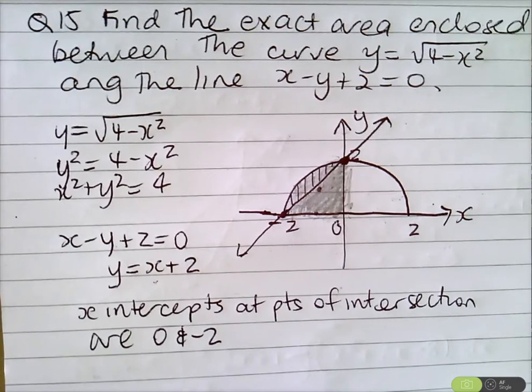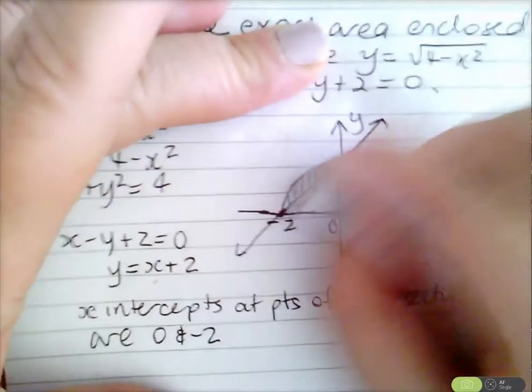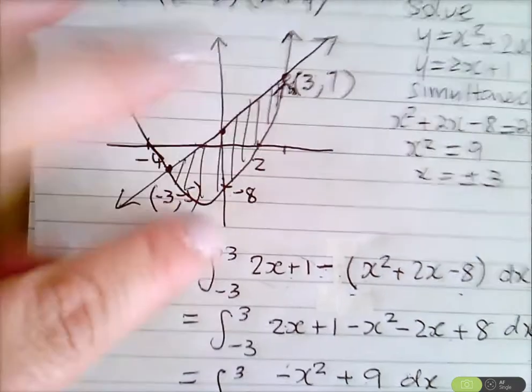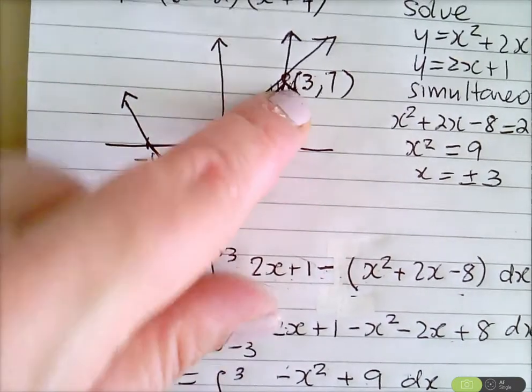Now, in example 13, top curve minus bottom curve was not all sitting above the x-axis. It doesn't matter. Part of it can be beneath the x-axis, it doesn't matter. If you look at the example before, you might say, but some of it's below the x-axis and it's going to be negative if you integrate under here, and that bit's going to be positive.